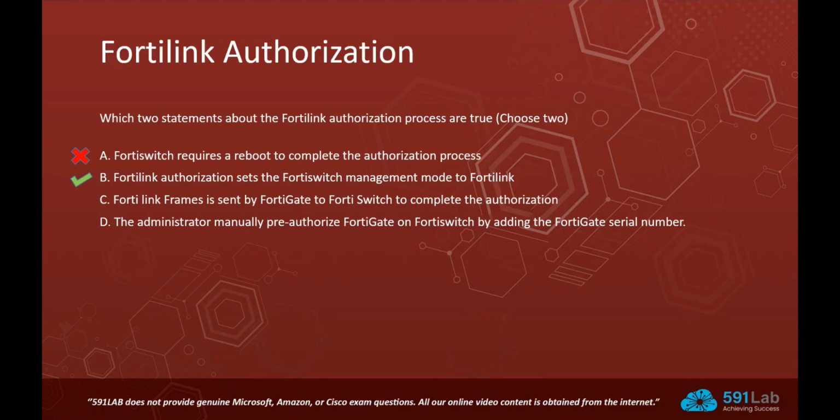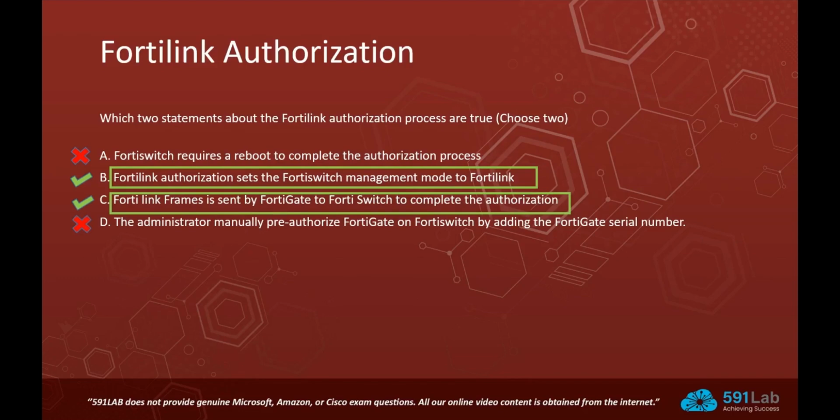And answer C, a FortiLink frame is sent by FortiGate to FortiSwitch to complete the authorization. Yes, this answer is also correct. Answer D, the administrator manually pre-authorized FortiGate on FortiSwitch by adding the FortiGate serial number. No, this answer is incorrect. You know that the correct answers are answer B and answer C.